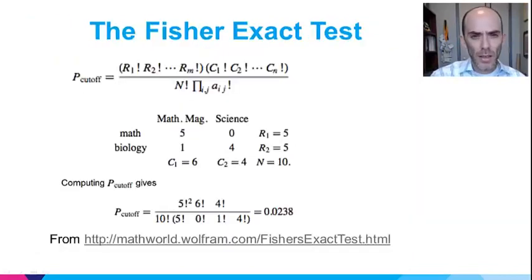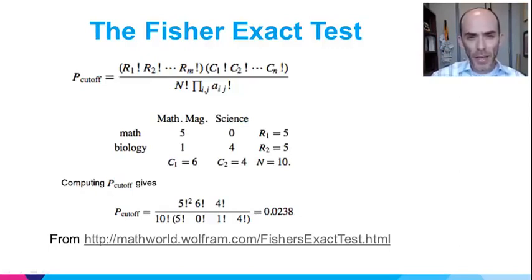Now, using the Fisher exact test, we can compute the probability for overlap when we compare this to the binomial probability of filling this table for random data.